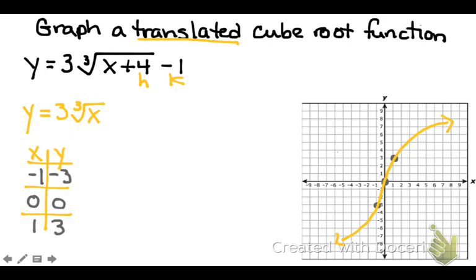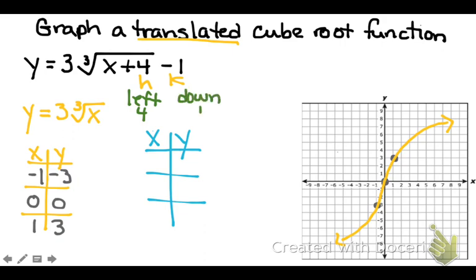All right, the next step, now we're going to consider the h and k. So the translation says, because of the plus 4, we're going to go left 4, and then the minus 1 says we're going to go down 1. So that's like a negative 1, and this would be like a negative 4 if I were including it with these values.